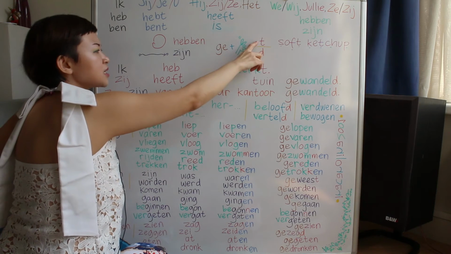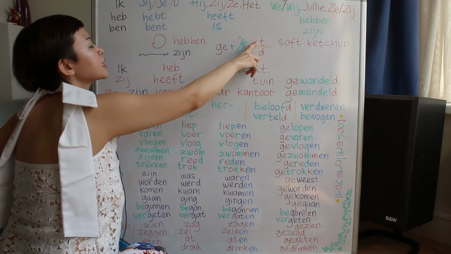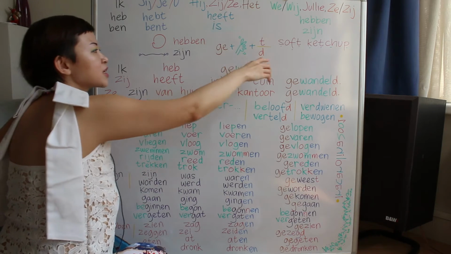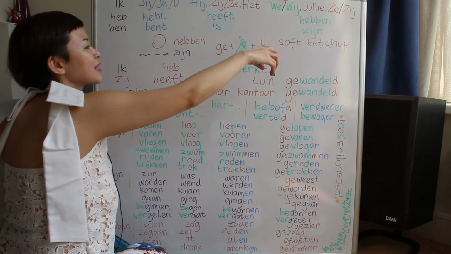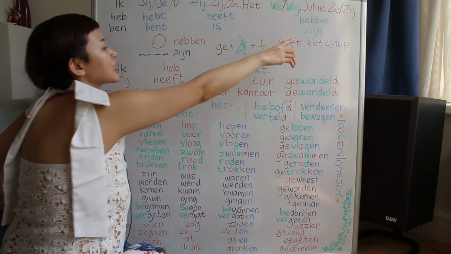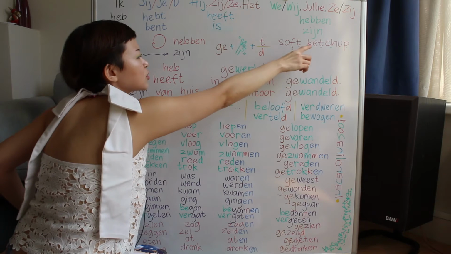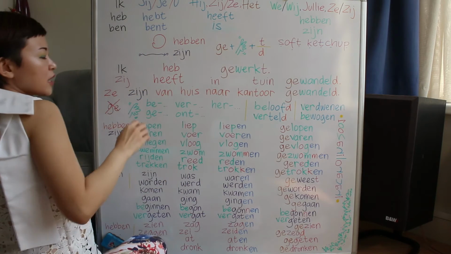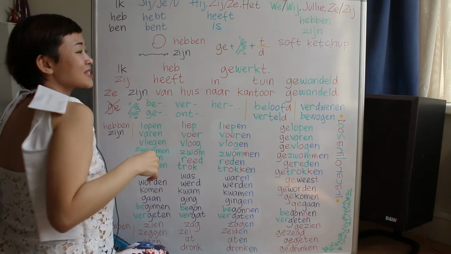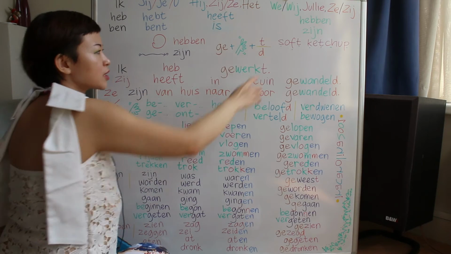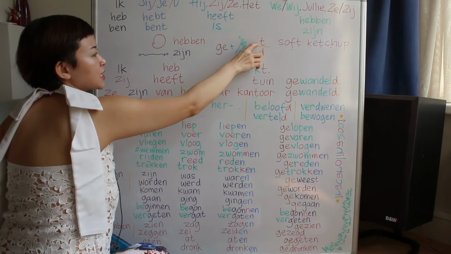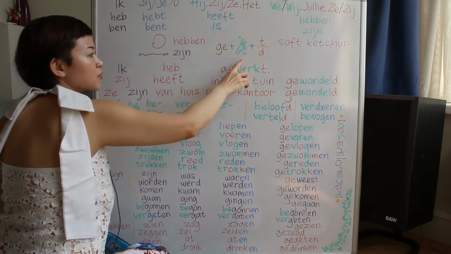You use t when the verb ends with the letter S, F, T, K, CH, or P. If the verb ends with one of these letters, you add the T at the end of the verb.